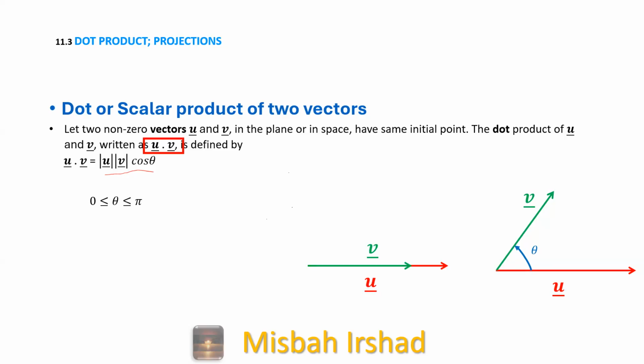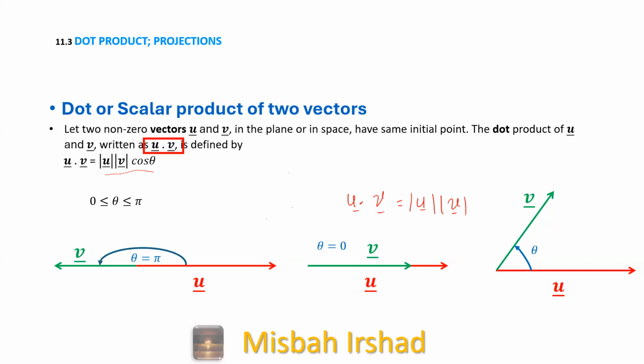If theta is 0, then u dot v is simply the product of their magnitudes, because cos 0 is 1. And if the angle between the vectors is pi, then this dot product becomes the negative of the product of magnitudes of the vectors, because cos pi is negative 1.